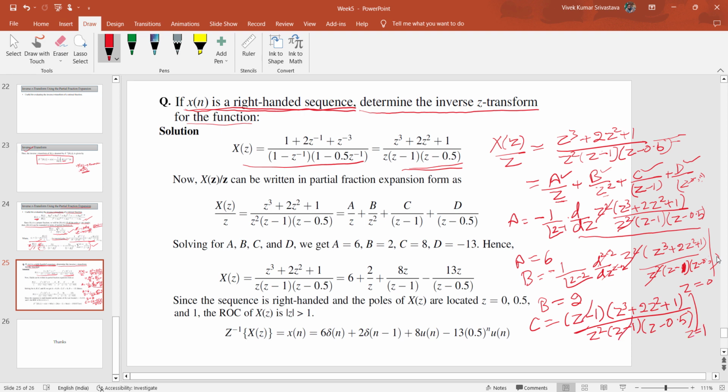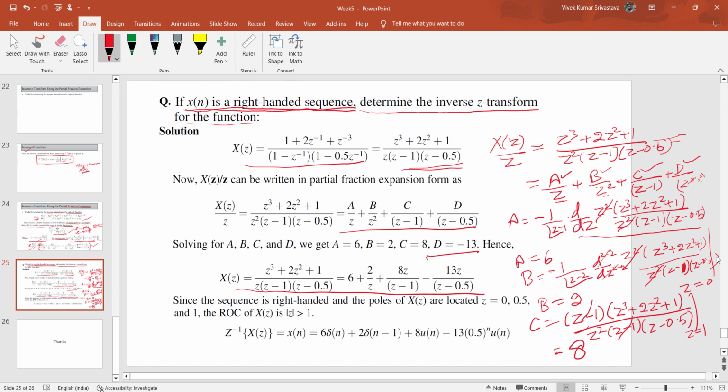So this z minus 1 cancels, and once you evaluate, you will get the value of c as 8. Similarly, you can evaluate the value of d, which will come as minus 13. Once you put the values of a, b, c and d in this expression and multiply z on both sides, you will get the final expression.